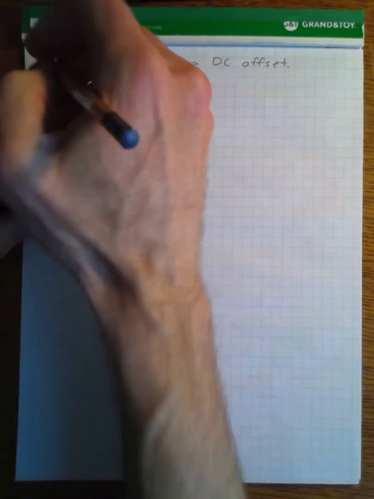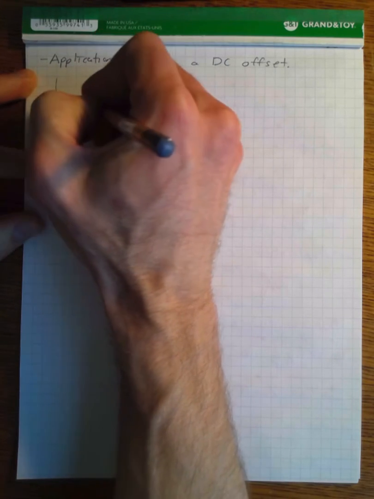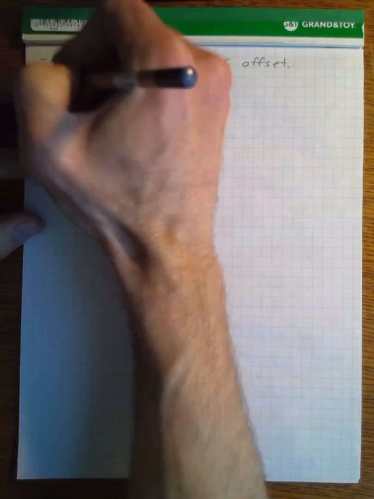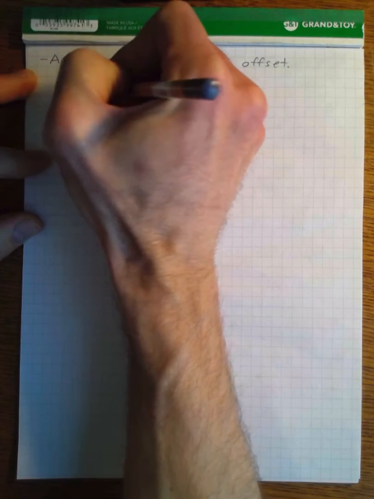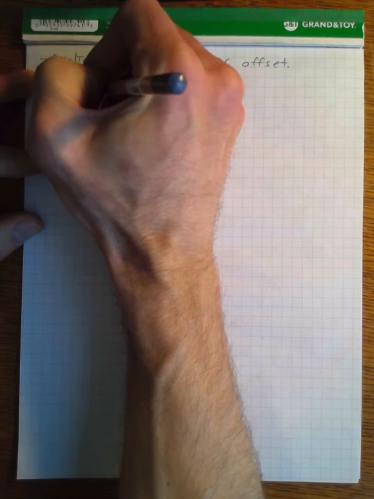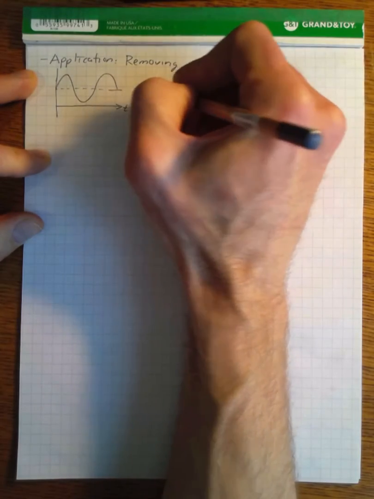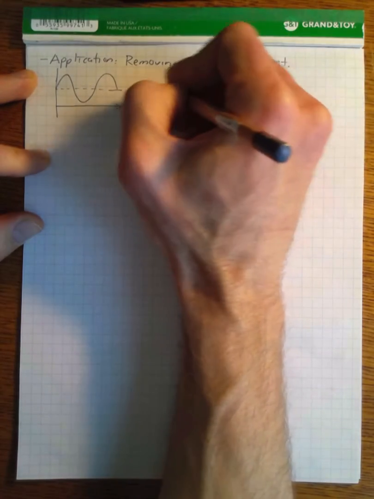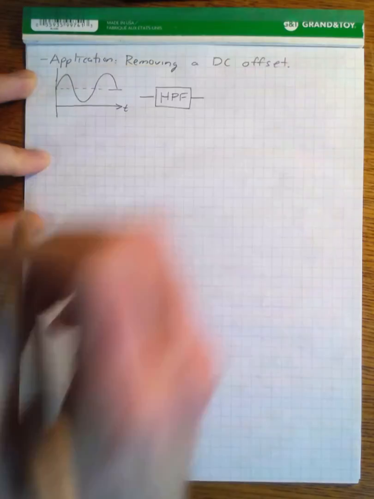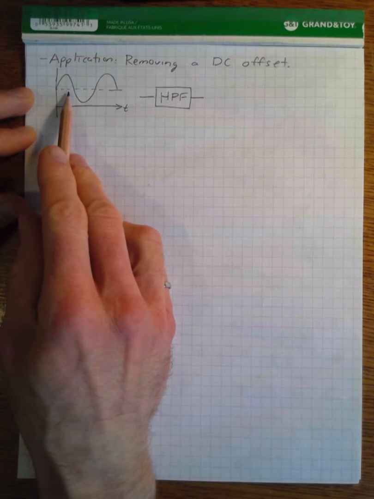One application of a high-pass filter is removing the DC offset of a signal. So, for example, let's say we have maybe just a sinusoid that has a certain DC offset. If we pass this through a high-pass filter, the DC offset of a signal is basically its frequency component at omega equal to 0.